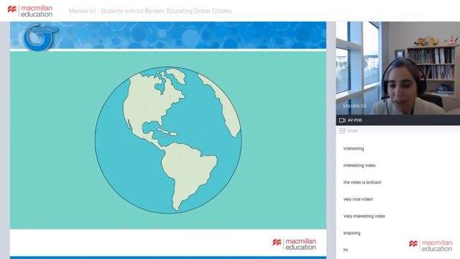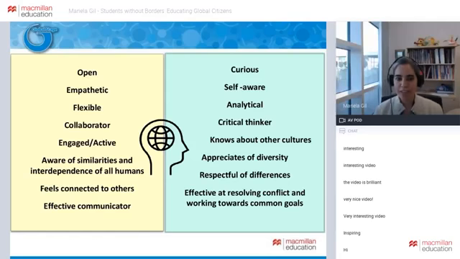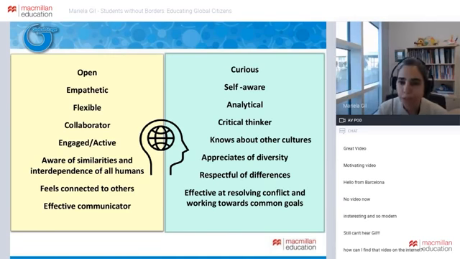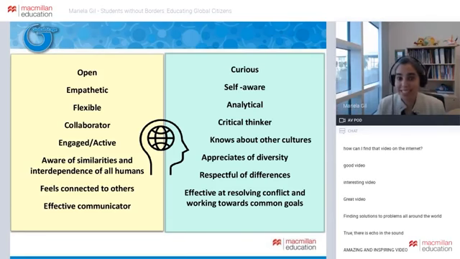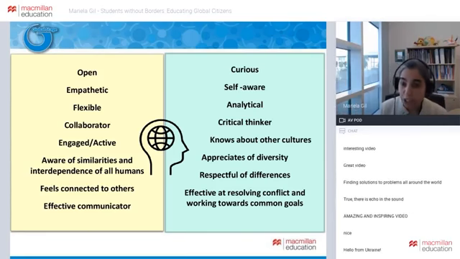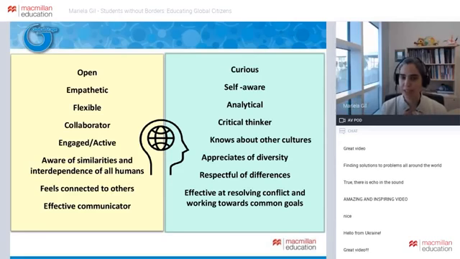So some of the things that we just saw in the video are that global citizens, it's not just having connections to people around the world. There's more to it. There's a shift in how you look at the world and how you look at other people. So global citizens are open. They're open to differences. They're curious about others and about themselves.